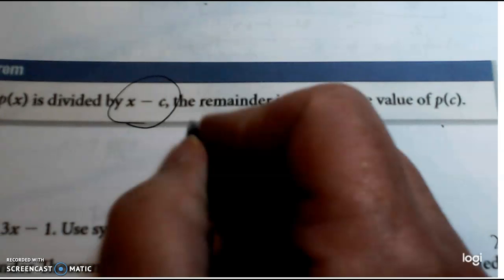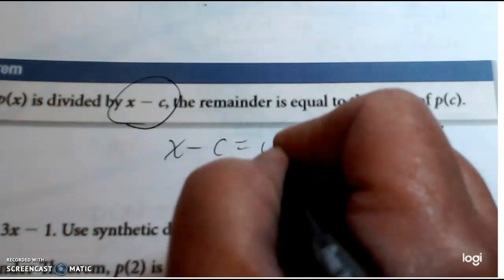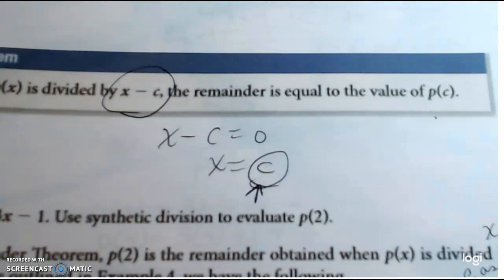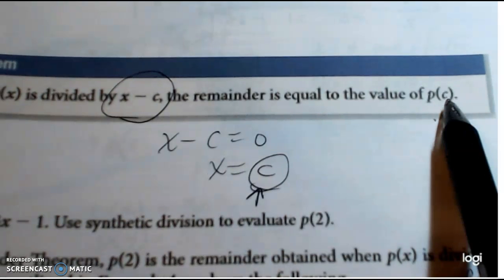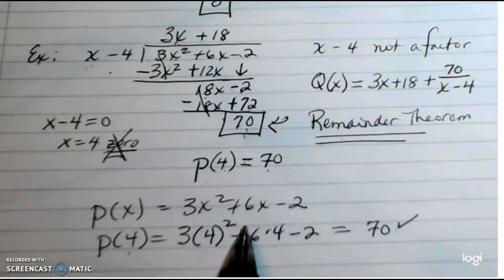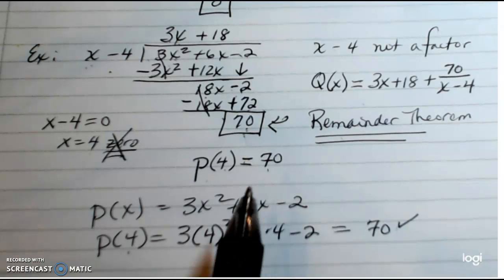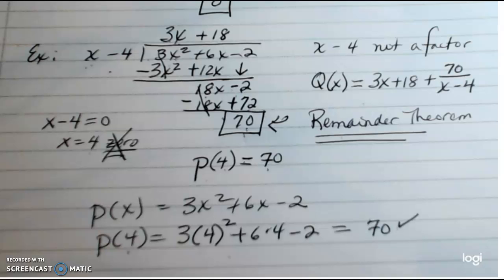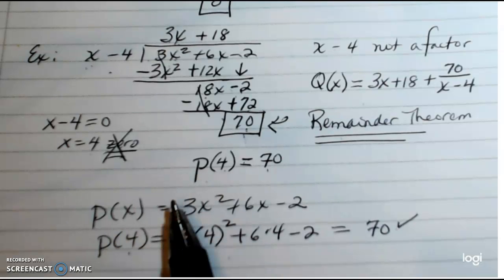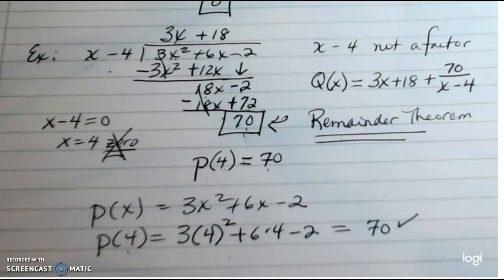So you have to change that x minus c equal to the value c for your polynomial. You saw it in action here though, and I think it's a little bit easier to see it when it's in action. This is the end of polynomial division using long division. The next video will be synthetic division of polynomials.